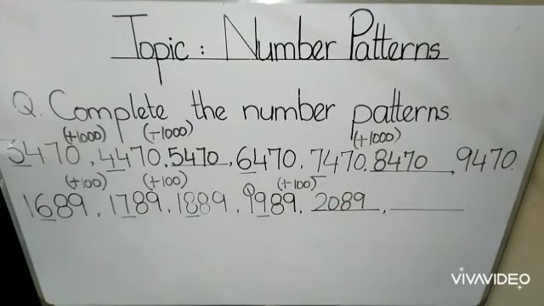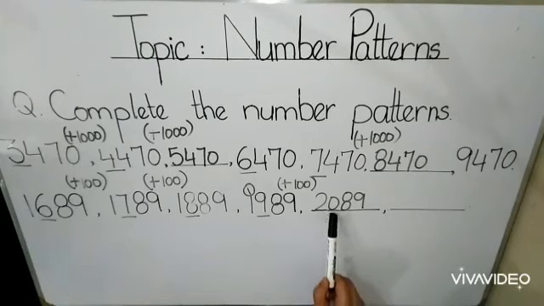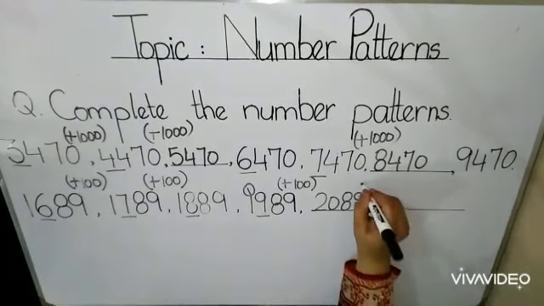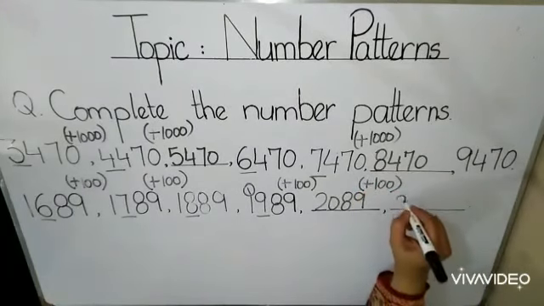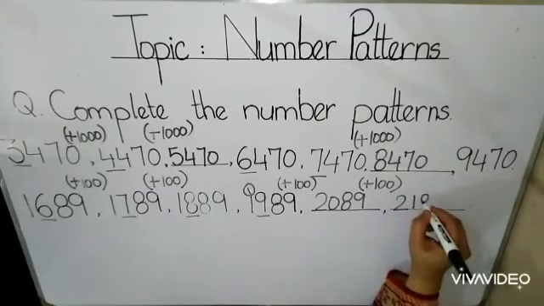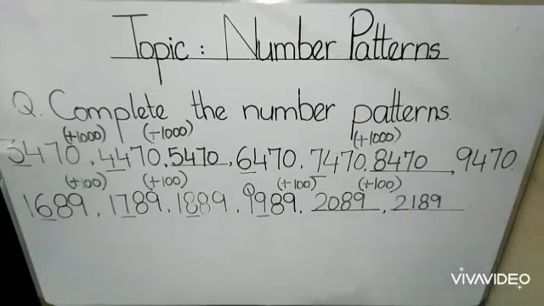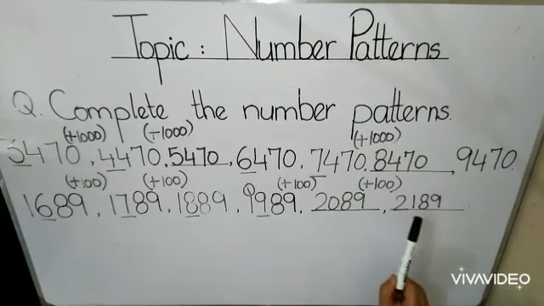It means that 100 more than 1989 is 2089. Now, if we add one more 100 to this number, our next number would be 2189. It means that 100 more than 2089 is 2189.